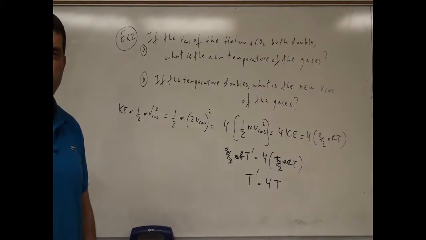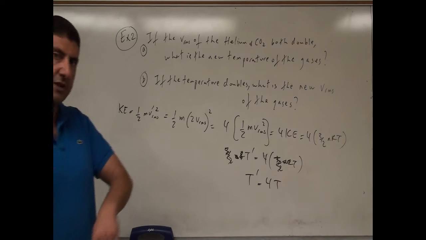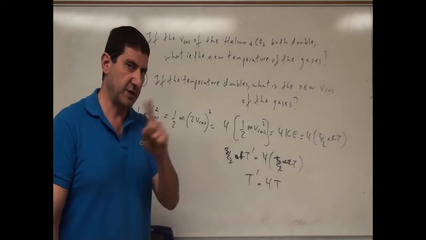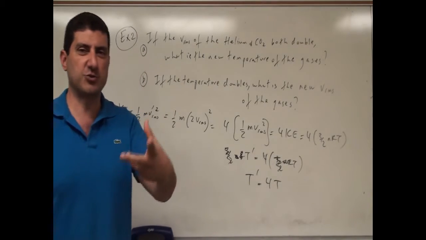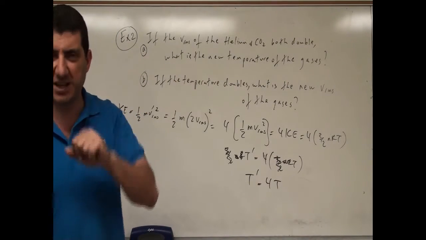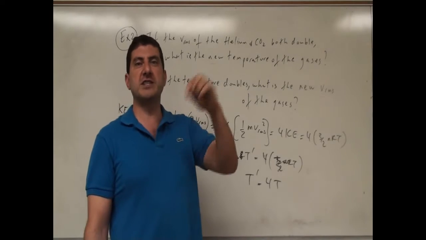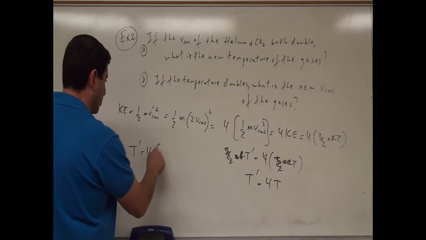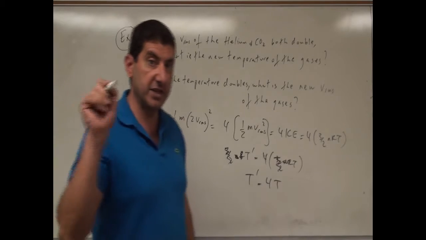So what was the old temperature? 25 Celsius. The new temperature will be 100 Celsius, right? Not really. You can't quadruple the temperature in the Celsius scale. You have to quadruple it in the Kelvin scale. So the new temperature is 4 times the old temperature, but we have to have it in Kelvin.